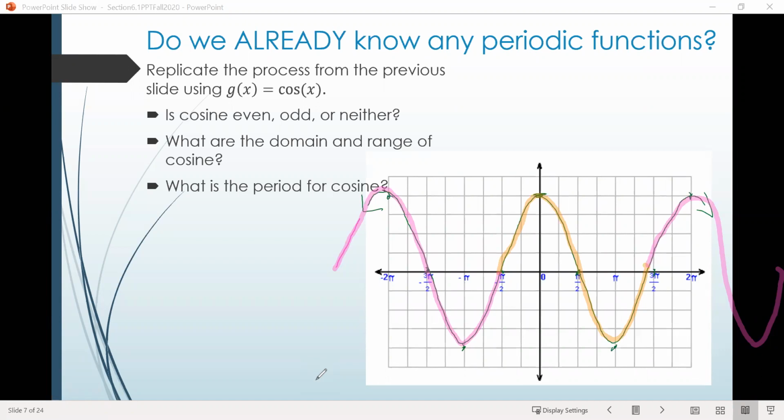And so because of that, both the sine and the cosine waves or shapes are called sinusoidal graphs, okay, or sinusoidal waves. Again, that's because they're basically the same shape, just shifted one way or the other.